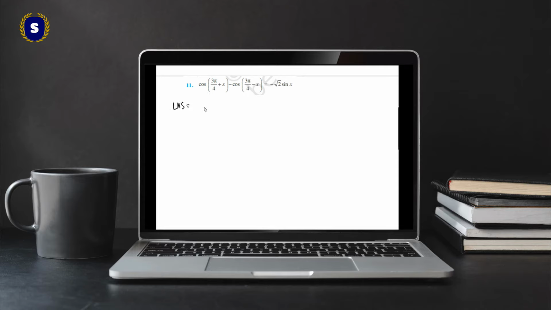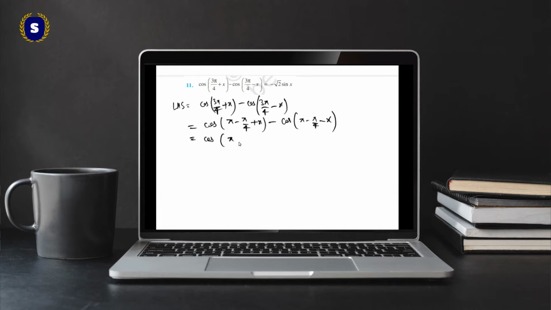LHS we have given cos(3 pi by 4 plus x) minus cos(3 pi by 4 minus x). There are multiple ways to solve this question and I am using only one of them, so you may have other options to solve this question. First, I'll split the angle 3 pi by 4, and I can do that by pi minus pi by 4, plus x, minus cos(pi minus pi by 4 minus x).